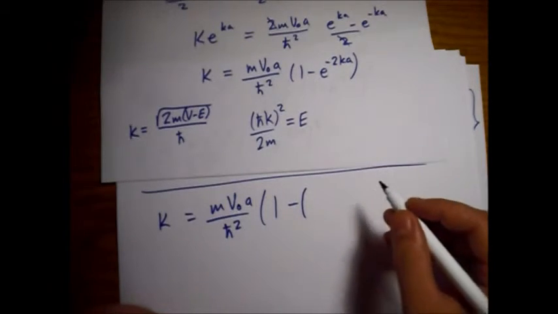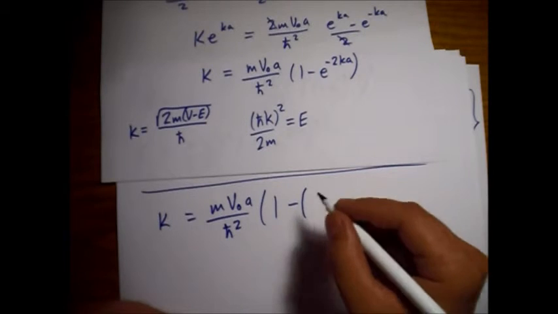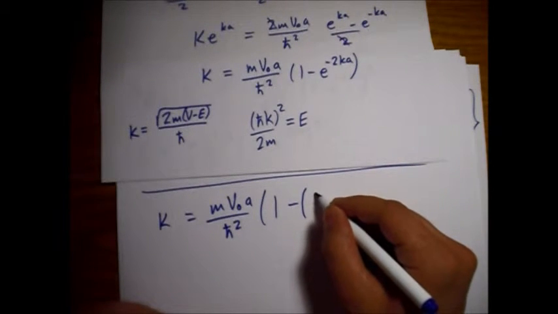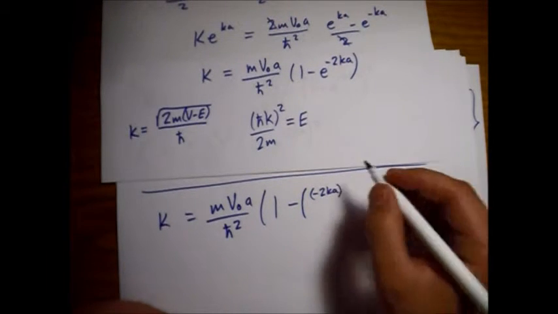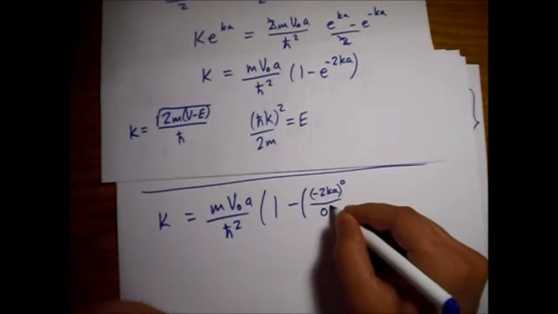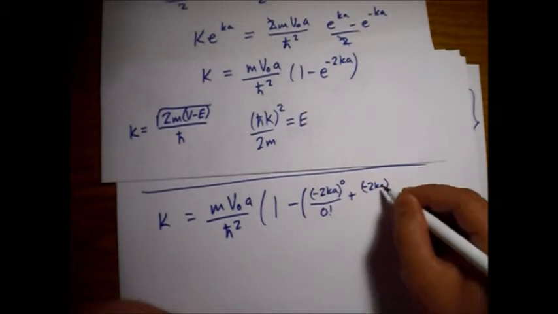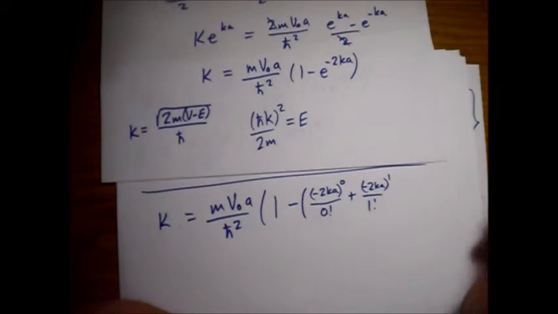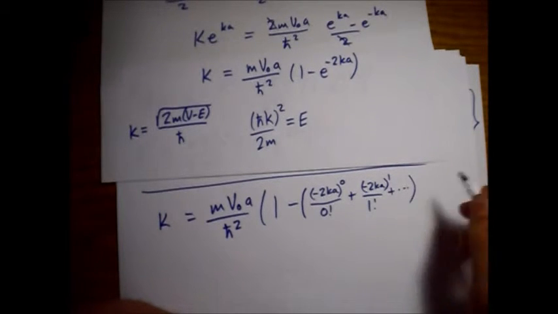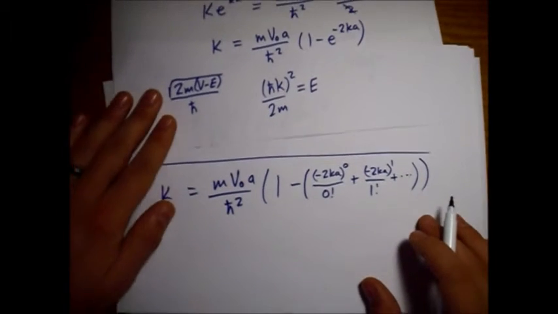The Taylor expansion of an exponential: minus 2ka to the 0 over 0 factorial, plus minus 2ka to the first power over 1 factorial. We'll only keep the first two terms, but this goes on and on.